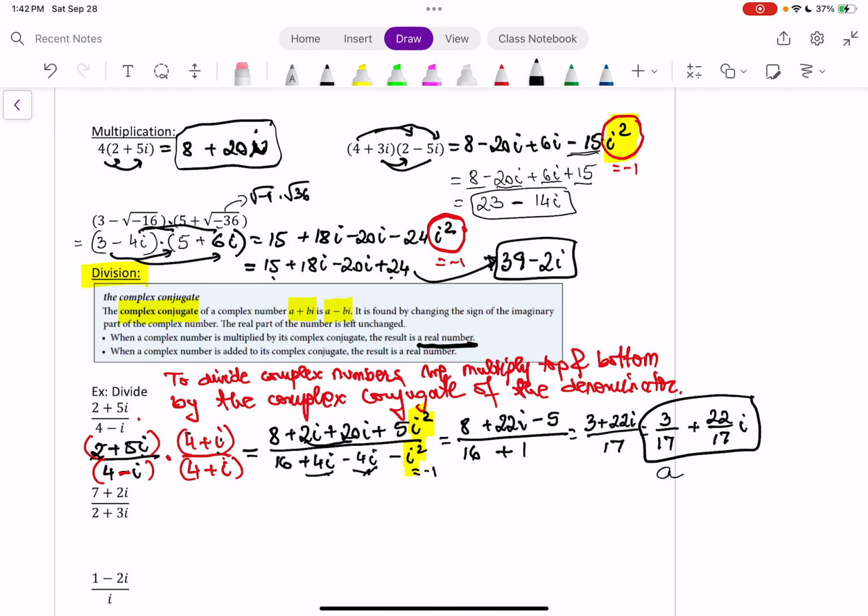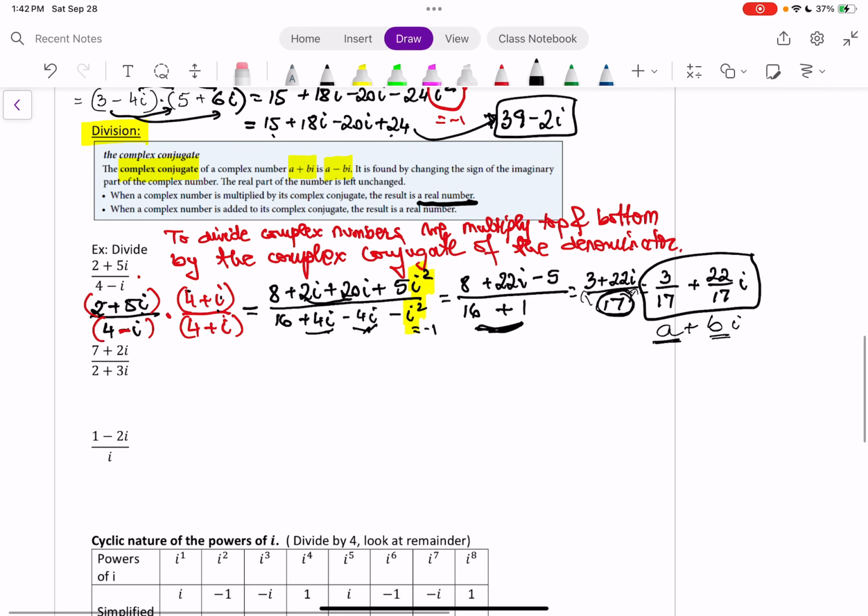Our answer is of the form a plus bi, so I could see the real part of the complex number and the imaginary part of the complex number. And so with this trick of switching the signs in the middle, we ended up just adding real numbers together. Therefore, we only had one term in the denominator that gets divided into each of the terms at the top.